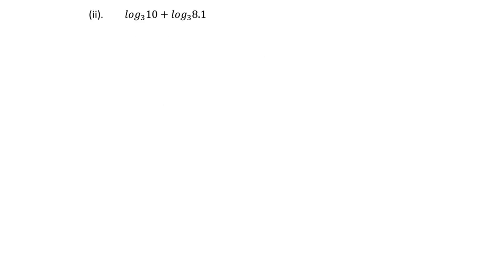For Roman 2, we are supposed to simplify log 10 base 3 plus log 8.1 base 3. So this is the logarithm problem. So first, let us apply the product rule of logarithm for our given expression.